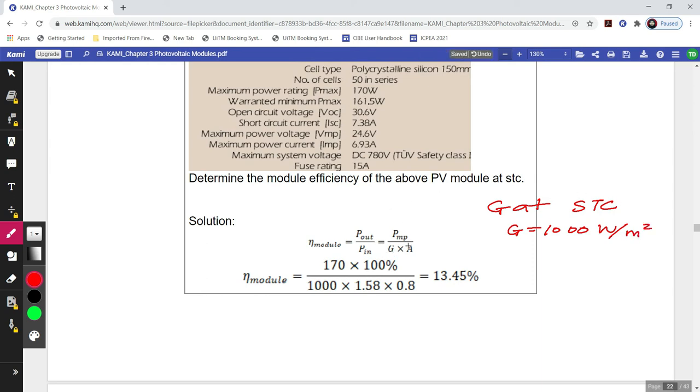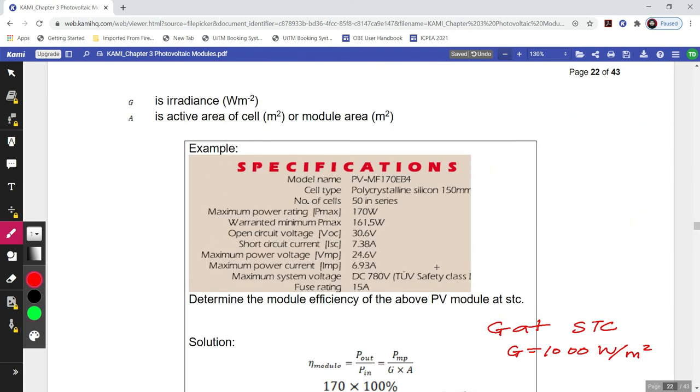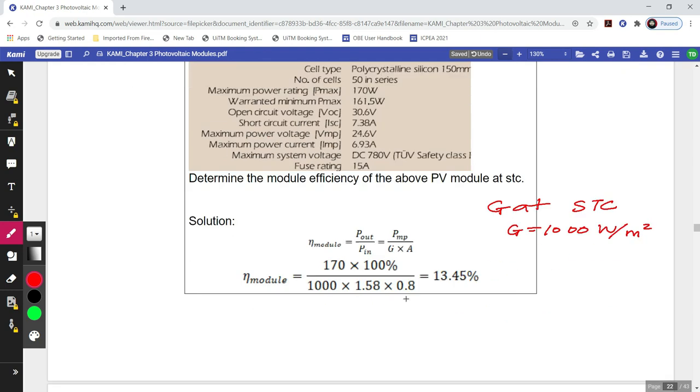And then multiply with the area of the PV module. We don't have the area here, it doesn't mention area here.